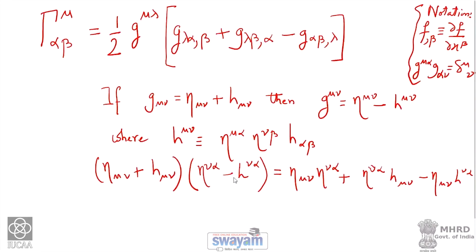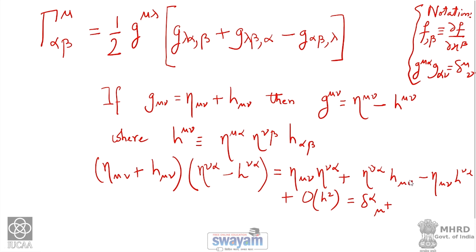but the last term is h mu nu h nu alpha, which is quadratic in h. So, I will not be writing that, it is of the order h square. I will not take it into account, and eta mu nu eta nu alpha contracted will give you the Kronecker delta. This is the same as, because alpha and nu are being summed over, I can write it in this manner itself.